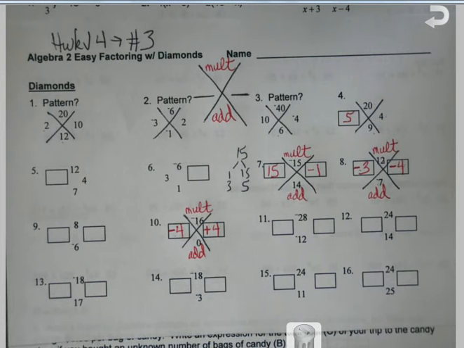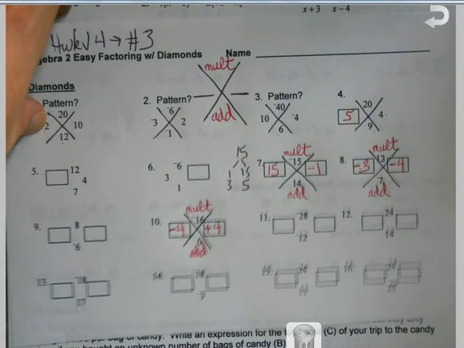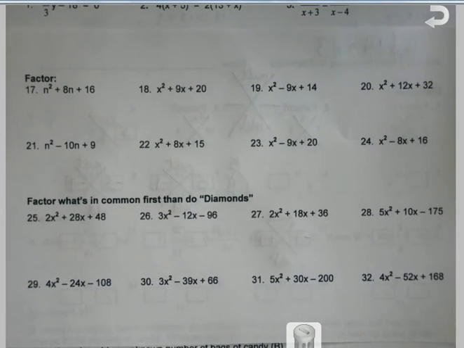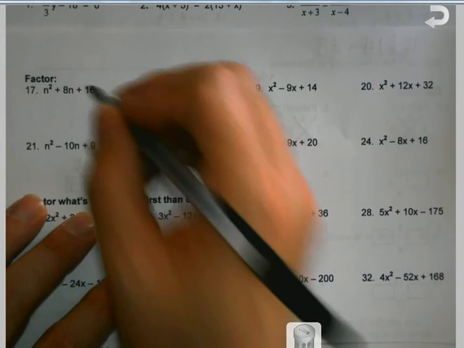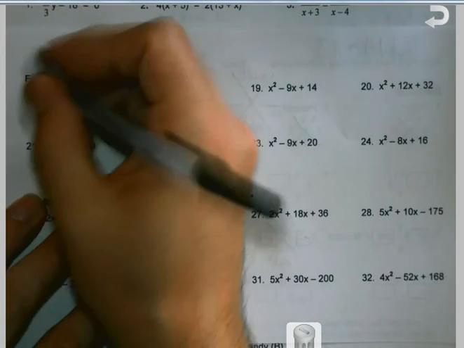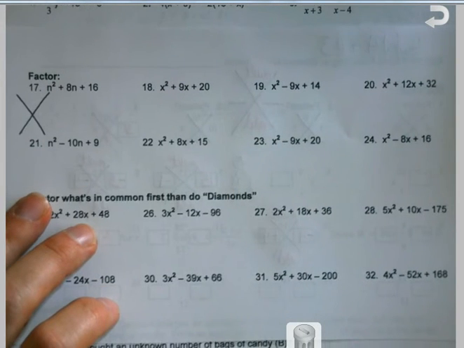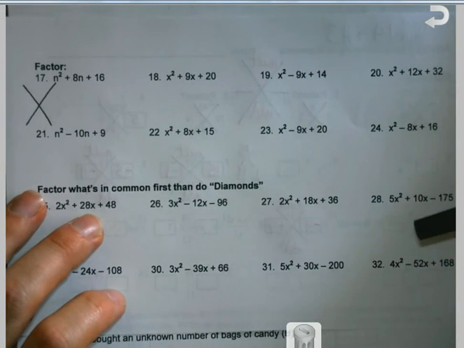So we're becoming problem solvers with this. On the front, I'm messing with these diamonds. On the back, we take it one step further. These are still diamond problems, but they're not set up as a diamond. For instance, I get to this one and I go, okay, so when it says factor, what's that mean? Do I have to keep drawing the diamond? No. Once I've got the hang of this, I'm not worried if you don't draw a diamond or not.